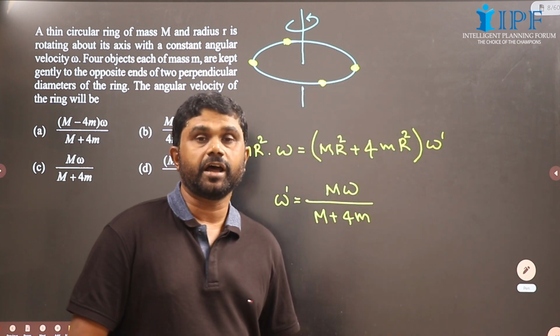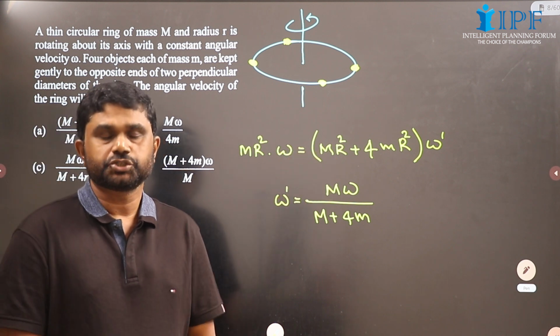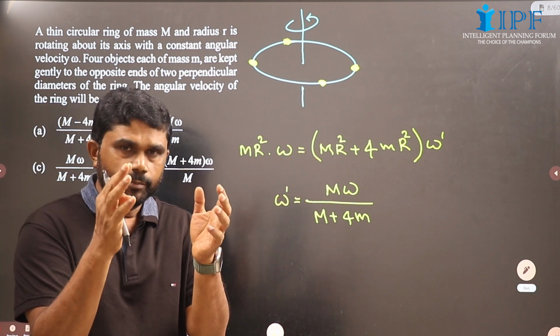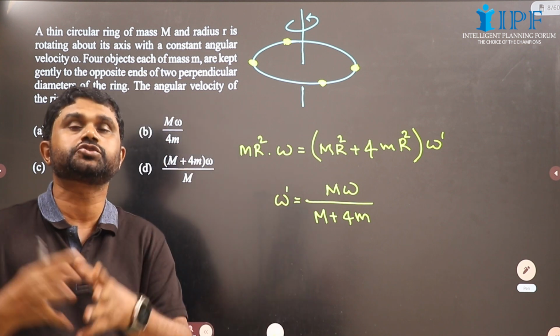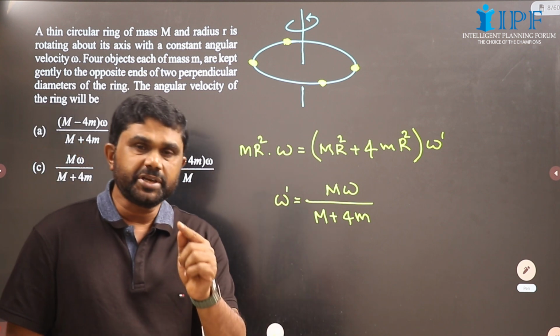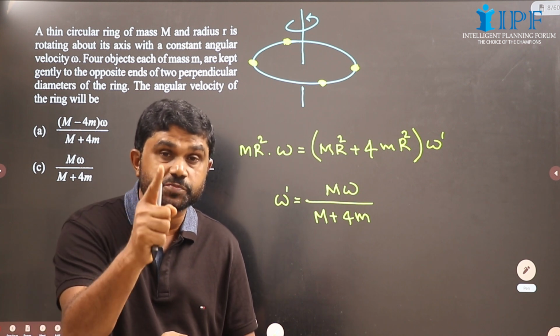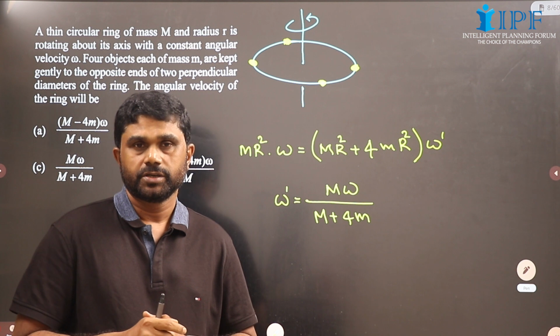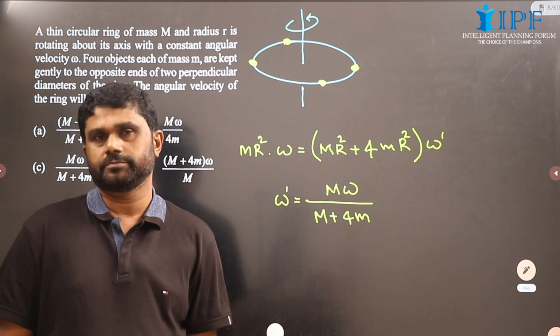Finally, there are 4 point objects kept on the ring. So the moment of inertia will be the moment of inertia of the ring plus the moments of inertia of these point objects. The moment of inertia of a point object is mass into square of its perpendicular distance from the axis. So the moment of inertia of each point object will be m r square.